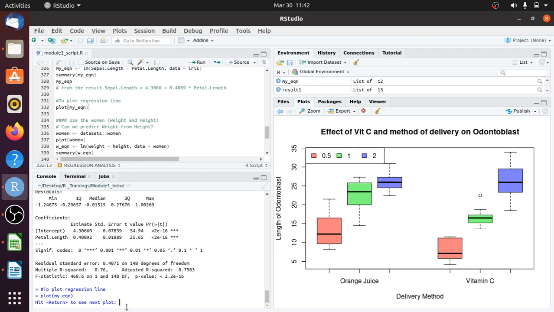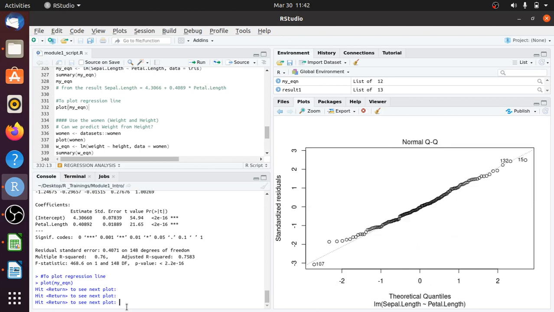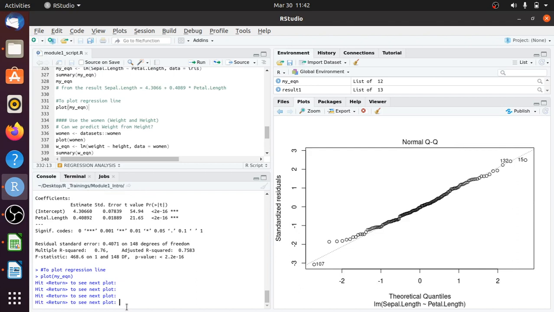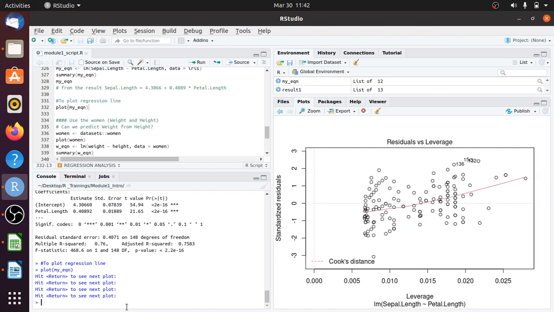It shows me different plots, a scatter plot, another one, the normal one. This makes sense for people in statistics, but may not make too much sense to you.